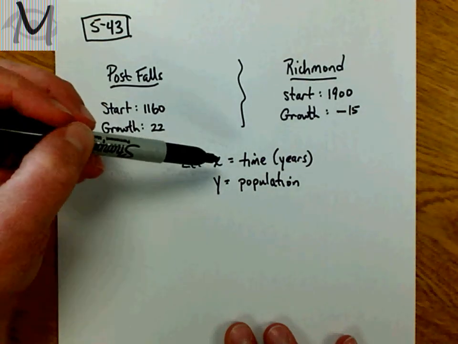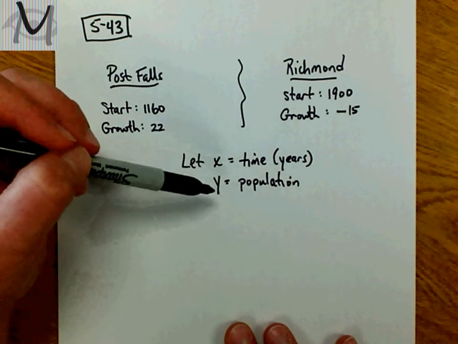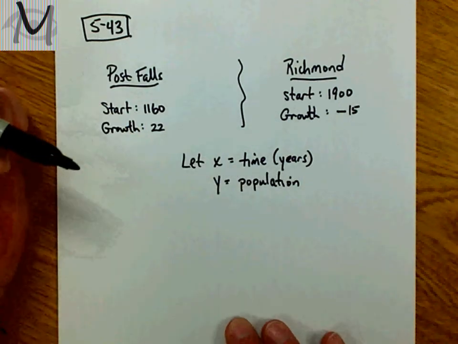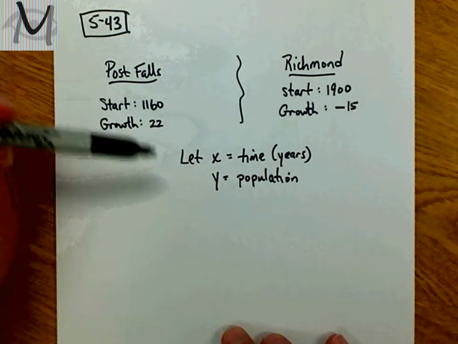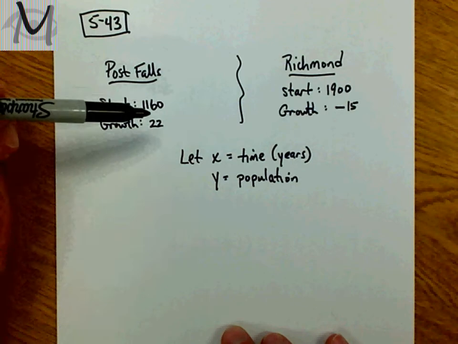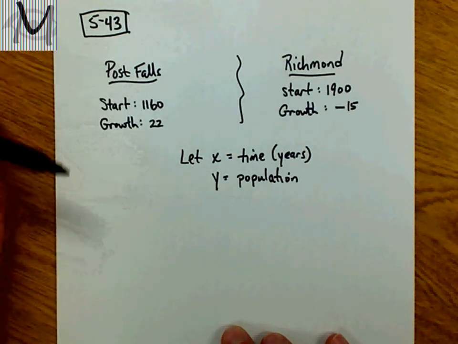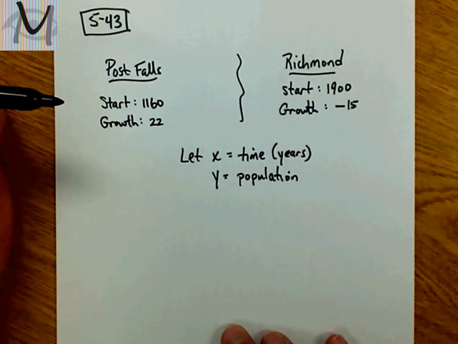We are going to let x stand for the time in number of years, and we want to let y equal the student population in students. We could make tables for this and we can graph this, but notice the size of the numbers. The graphing and the tables could be a little bit on the painful side, so algebraically is where we want to head with this.